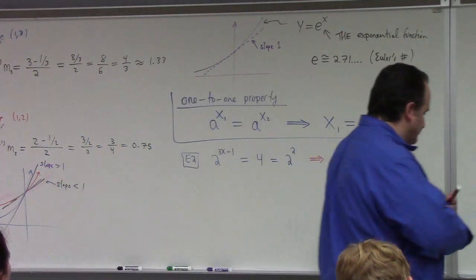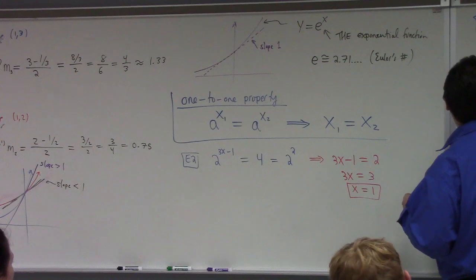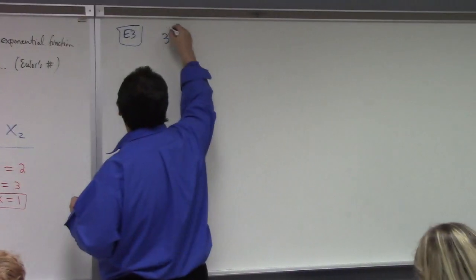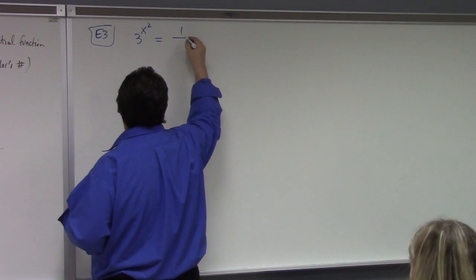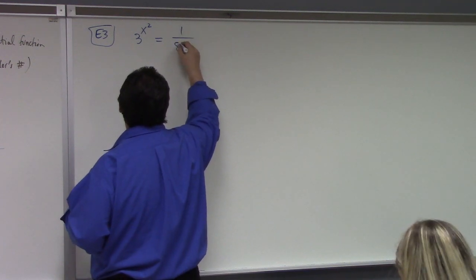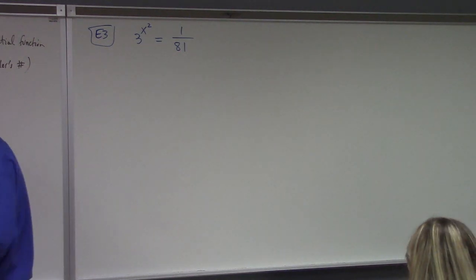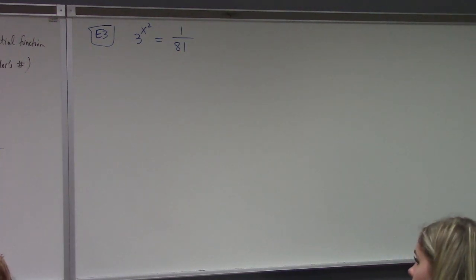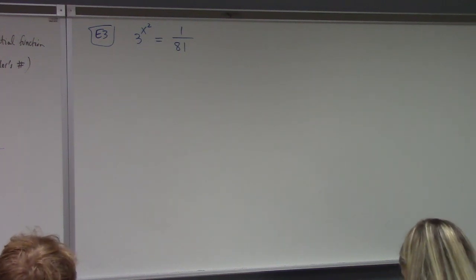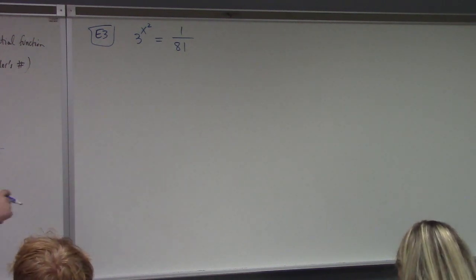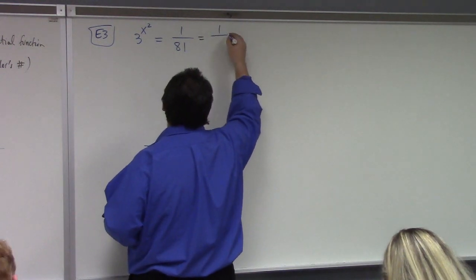Example 3. What if we have 3 to the x squared is equal to 1 over 81? What is 81? It's 9 times 9, right?